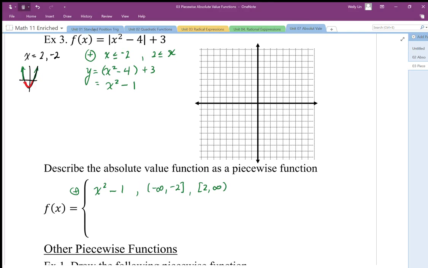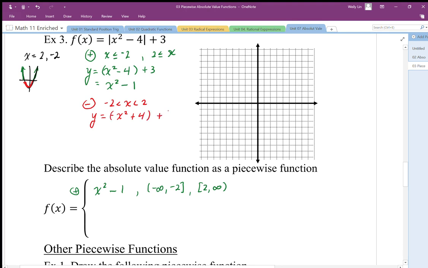I then find my negative domain. So the negative is going to be in between 2 and negative 2. It's going to be that region in there. So for the function then, when it's negative, the inside has to flip. To flip it, we use its opposite. So instead of x squared minus 4, I use negative x squared plus 4.